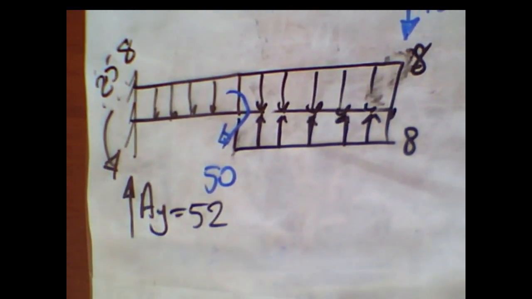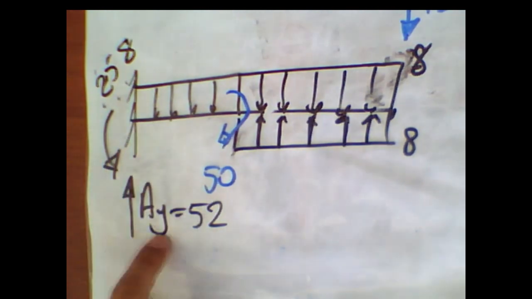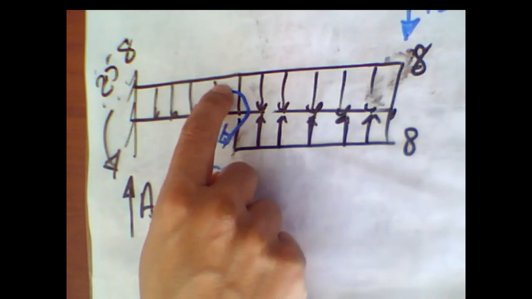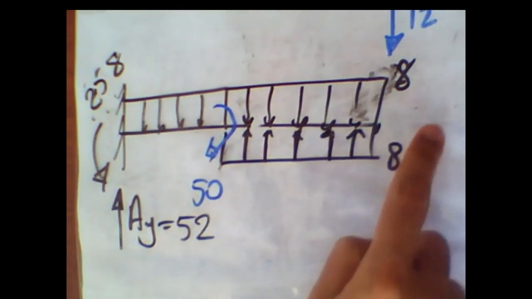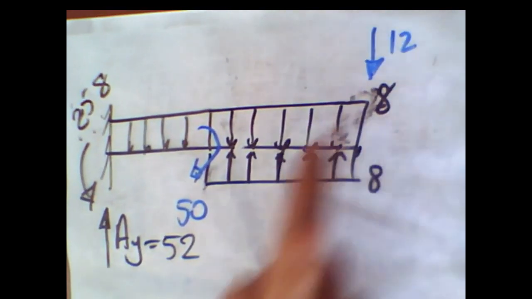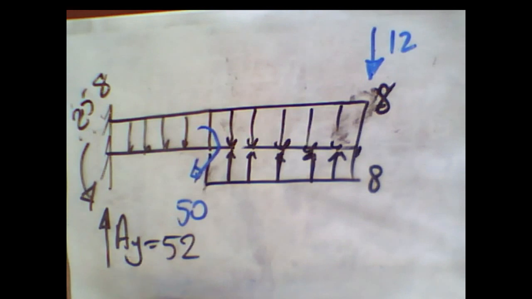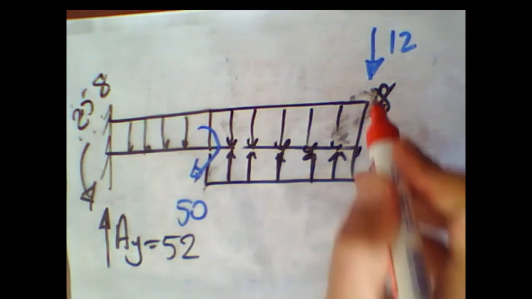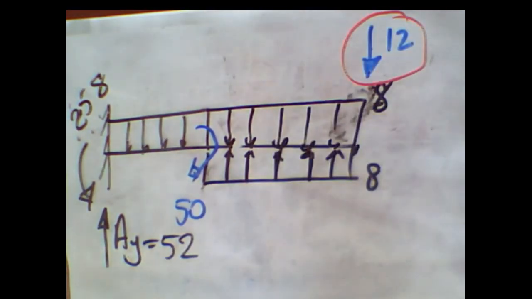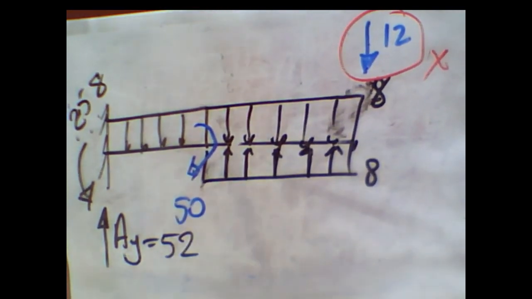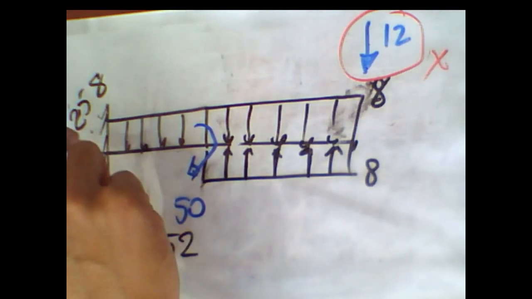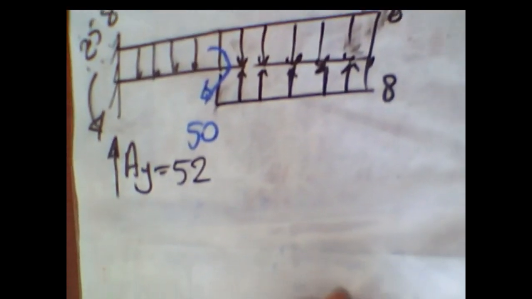I have 1, 2, 3 distributed, 4 distributed, 5 and 6. But you remember that I don't need to use the 6th one because its location of the load is at the end of the beam. Therefore, I don't need to count it. I write just the remaining 5 forces.